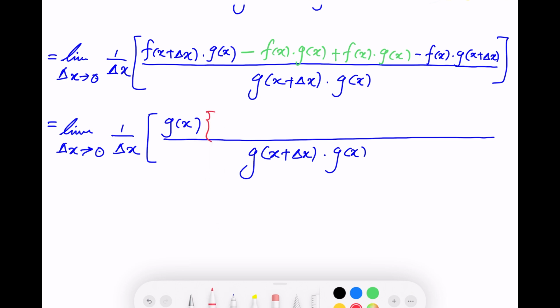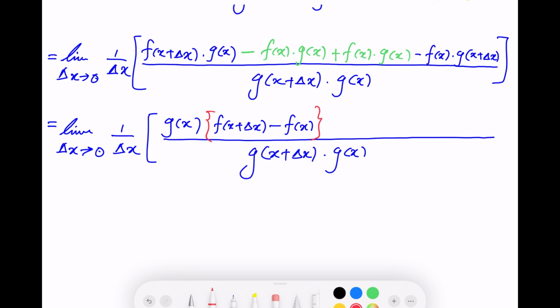The first term is going to be equal to f of x plus delta x. And there is this negative symbol. Let me write that down. From that second term, when g of x is factored out, we have f of x remaining. Let me close the bracket.